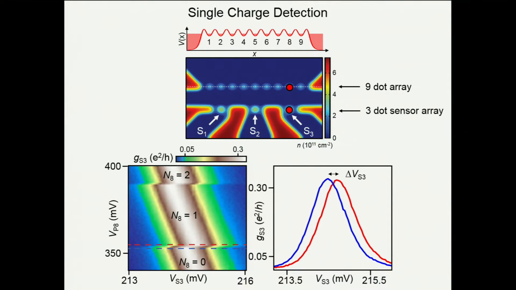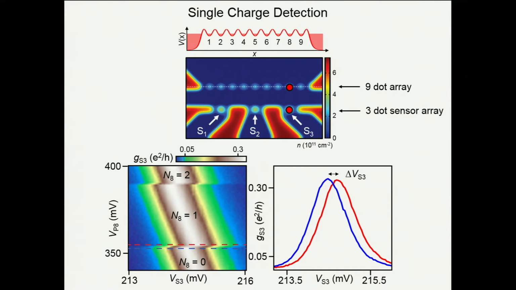Let's look at more recent data. This is from our group from last year. This is a 9-dot device. We have dots 1, 2, 3 up through number 9. And to measure the number of electrons in this spin chain of 9 dots, we have 3 charge detectors, okay? If we measure the conductance through this charge detector, we see a Coulomb blockade peak. That's the red curve here.